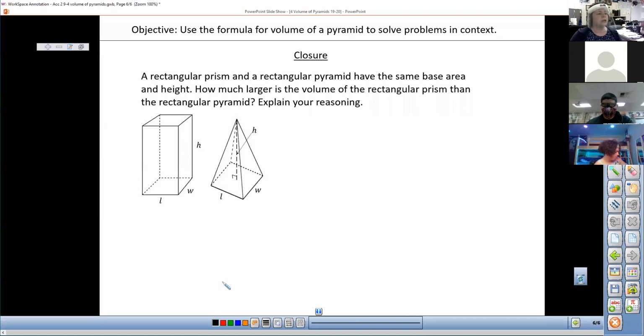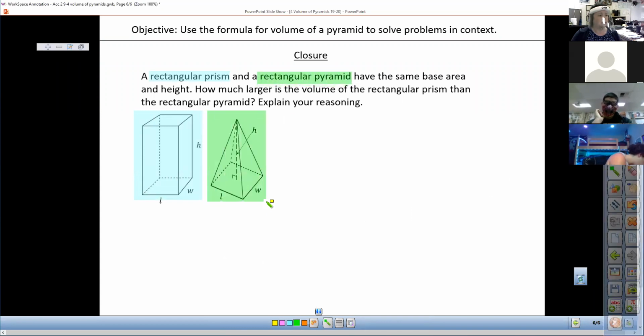All right, this closure here says a rectangular prism and a rectangular pyramid have the same base area and they have the same height. So we have a rectangular prism, which is of course this one here. We have a rectangular pyramid, which is this one here. We're told that they have the same base area.